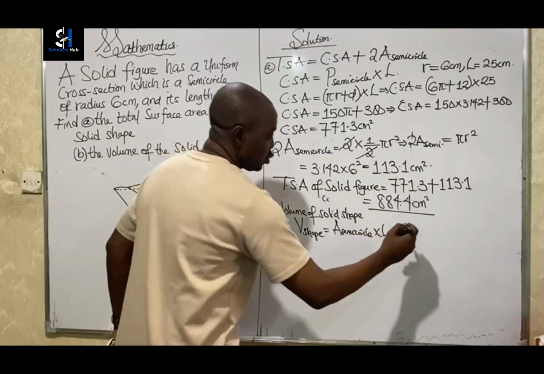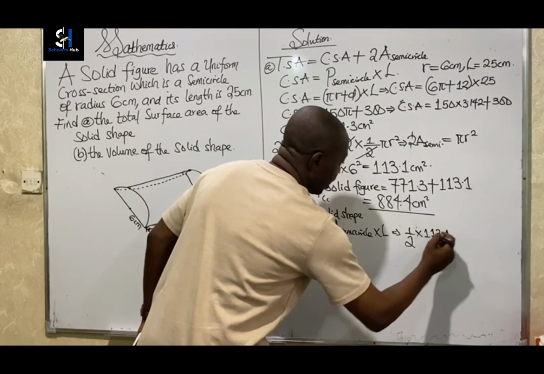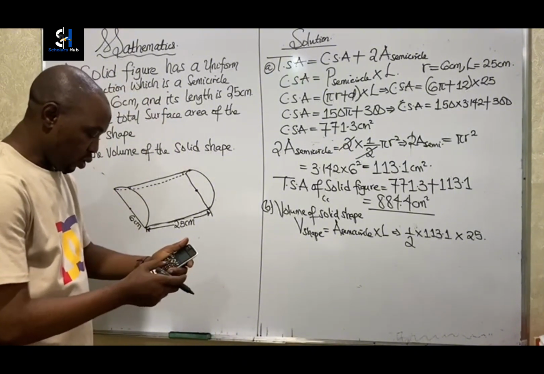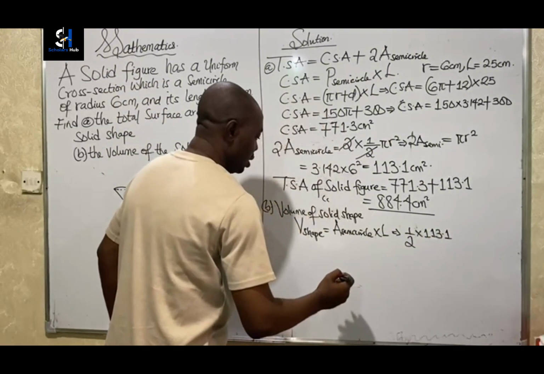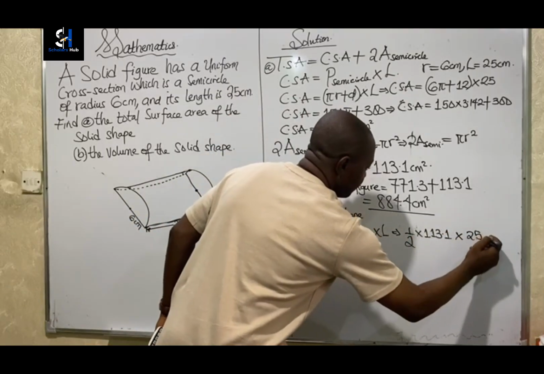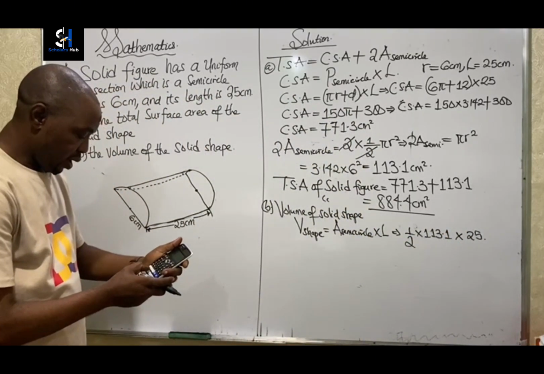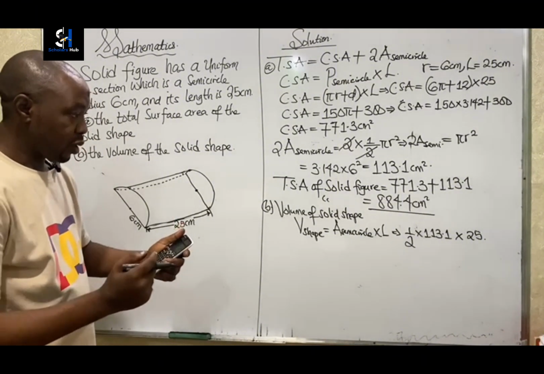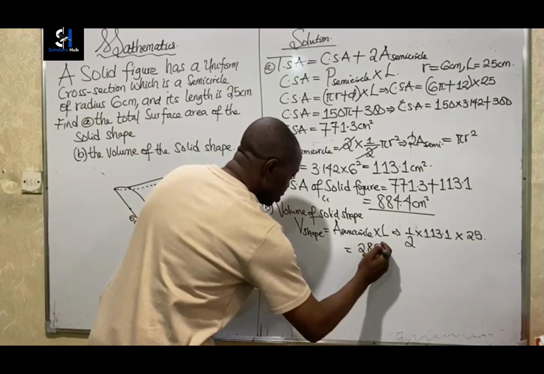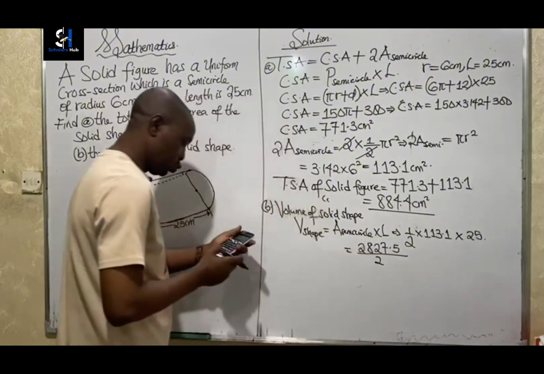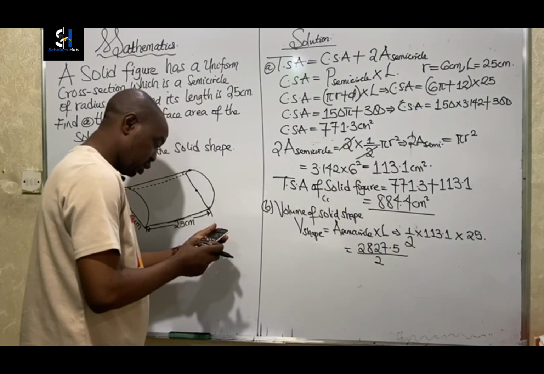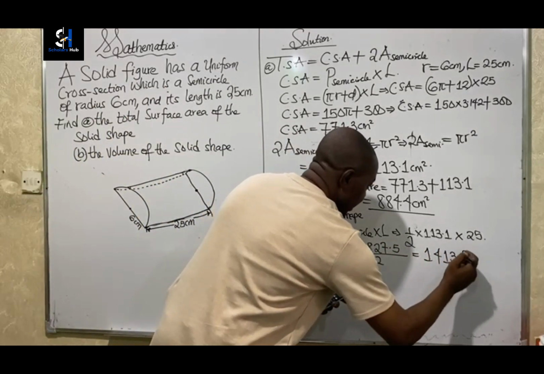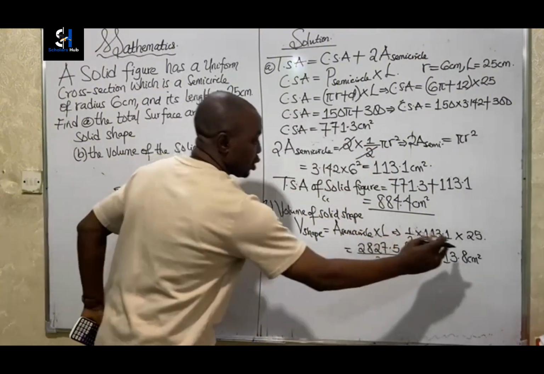So we divide this value by 2, then multiply by 25. 25 multiplied by 113.1 is 2827.5, and when we divide this value by 2, we have 1413.8 cubic centimeters.